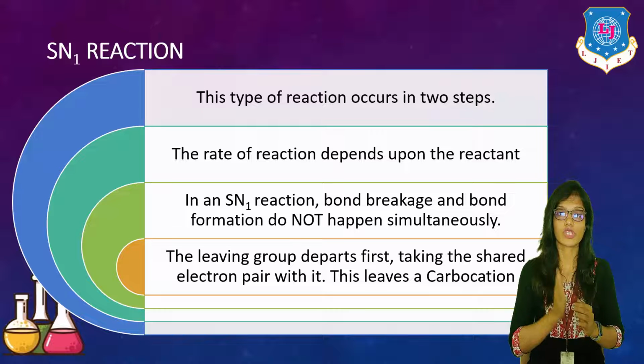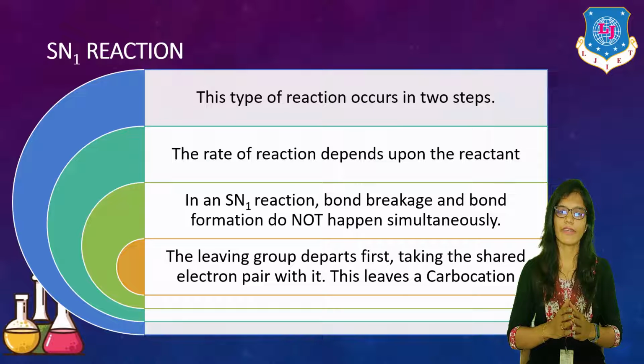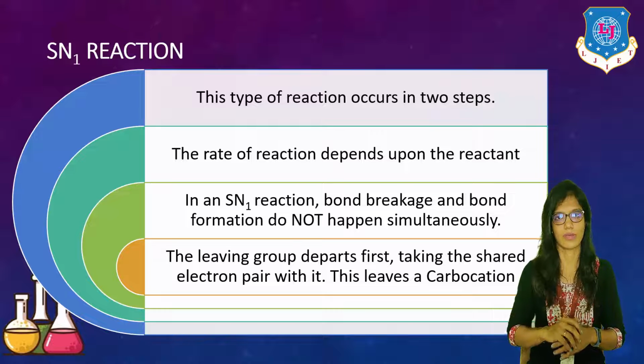First of all, the bond breakage will be done and then bond formation will be done. So the leaving group departs first, taking the shared electron pair with it. This leaves a carbocation. So in the first step, the carbocation formation occurs.